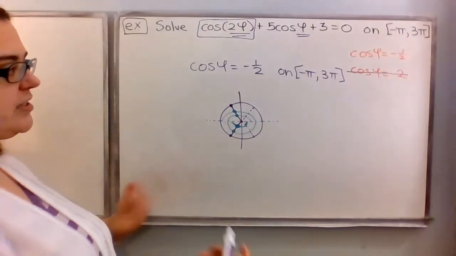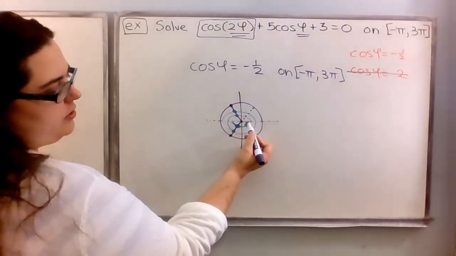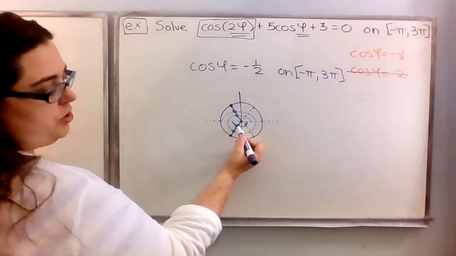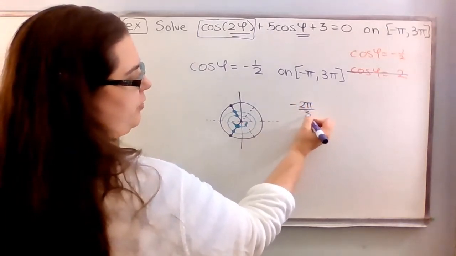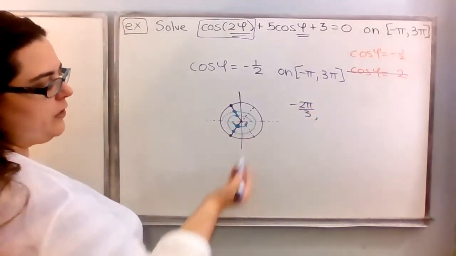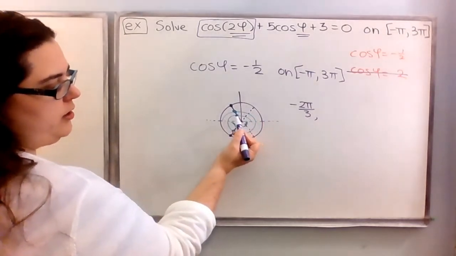So let's list them in numerical order. So we'll do the negative one first. So that's going to be negative 1, 2. So we have negative 2 pi over 3. Then in the positive direction, we're going to have 1, 2.